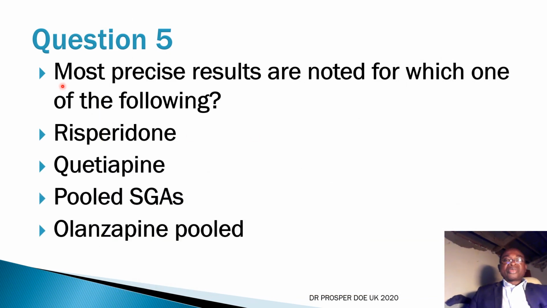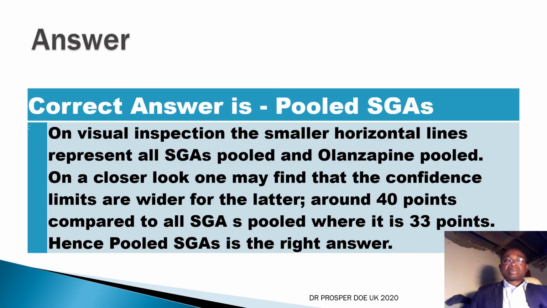Most precise results are noted for which of the following? Risperidone, quetiapine, pooled second-generation antipsychotics, or olanzapine pooled? The correct answer is the pooled second-generation antipsychotics.